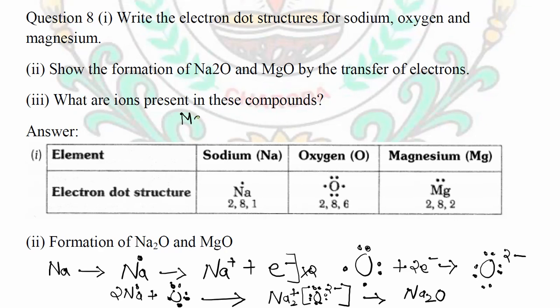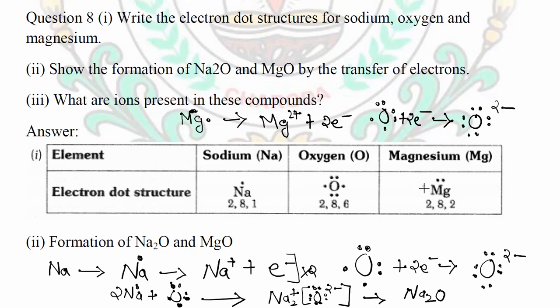Similarly, we have to form the compound for magnesium oxide. So magnesium has 2 electrons in its outermost shell. So magnesium will release 2 electrons to form a magnesium cation. Then these 2 electrons will be accepted by oxygen to form an oxygen anion.